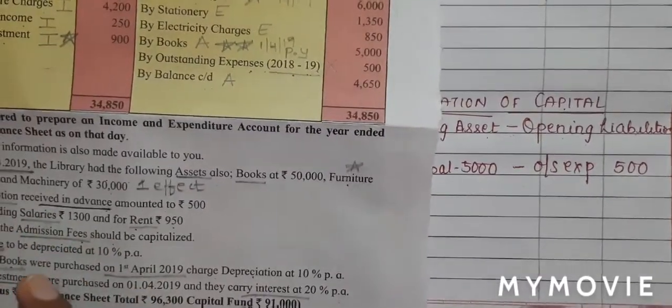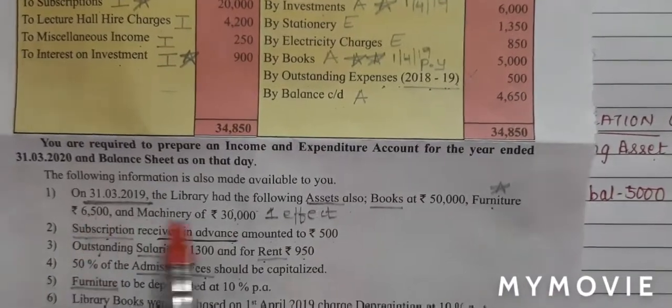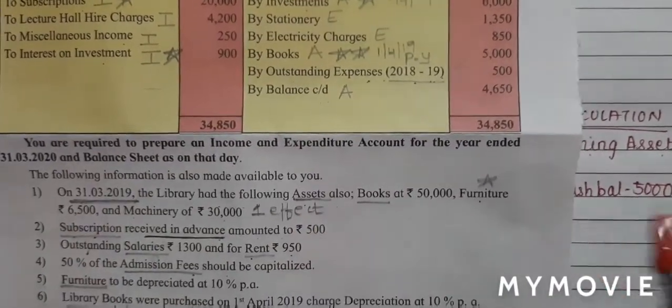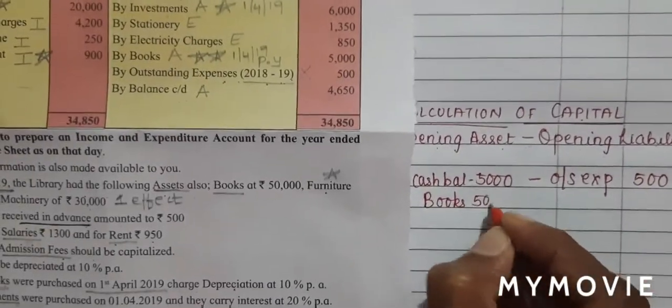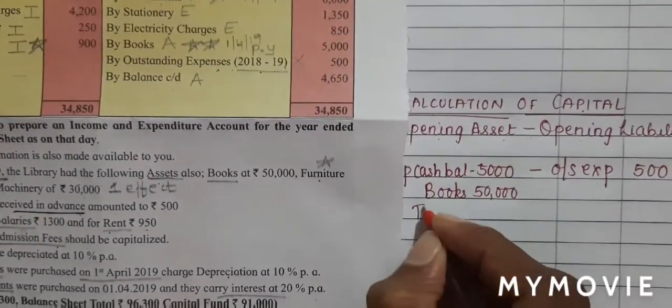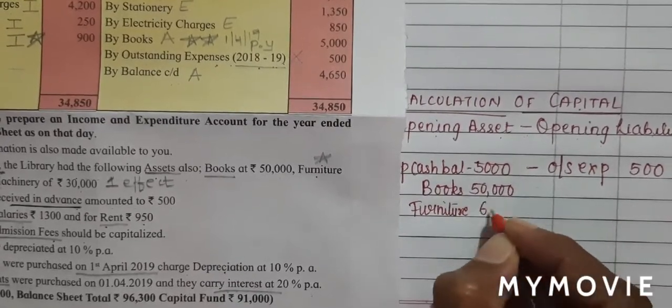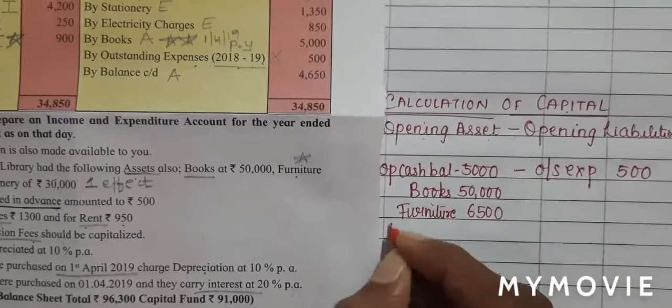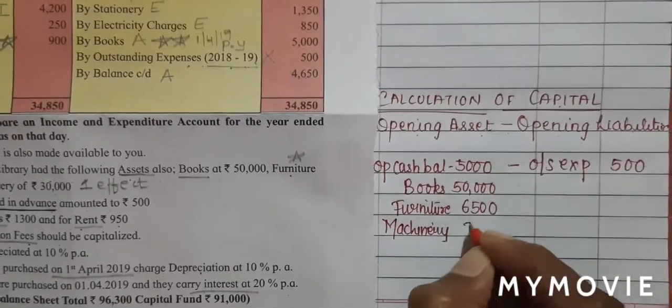Then in the information that is provided to us, they have given us opening assets. So let us write down the opening assets. Books 50,000, furniture 6,500 and machinery 30,000.